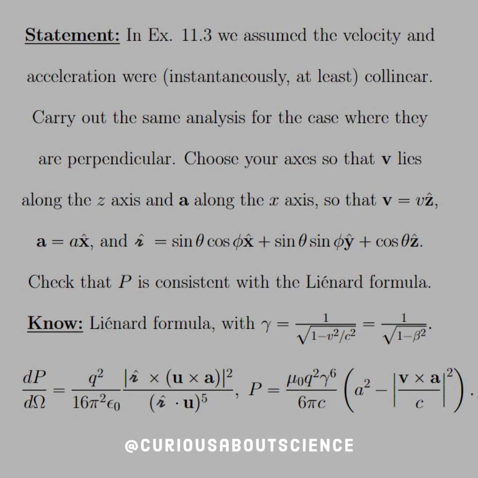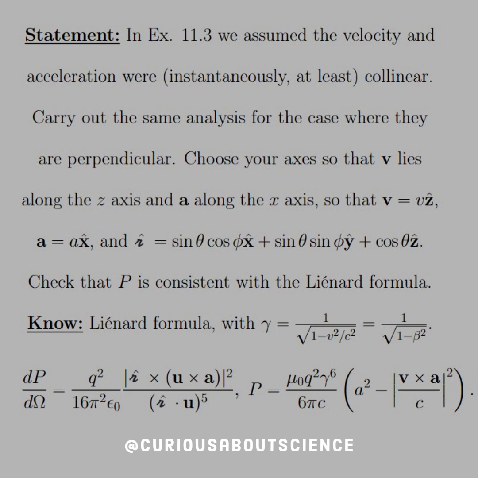So check that P is consistent with the Liénard formula. In the Liénard formula with gamma equal 1 over square root of 1 minus beta squared, we get the power radiated through the solid angle is going to be this nasty cross product with the U and A. If you recall, U was c times the script R hat minus V from earlier.